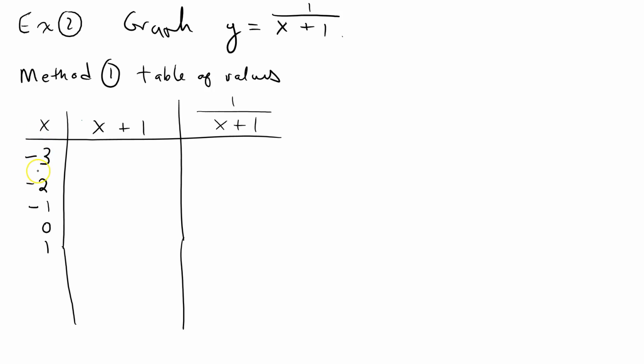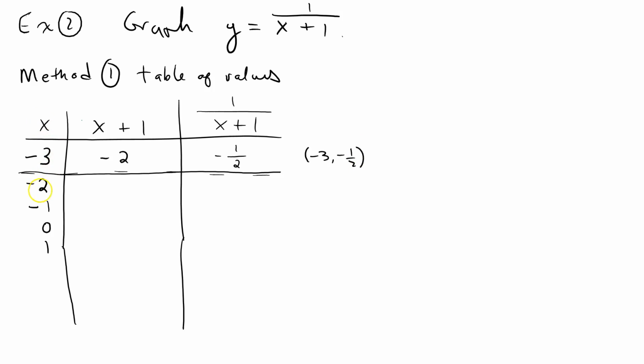So if I have x equals -3, and I say -3 plus 1, I get -2. If I take the reciprocal of that, 1 over x plus 1, that means -1 over 2. So my point on the rational graph will be -3, -1/2.